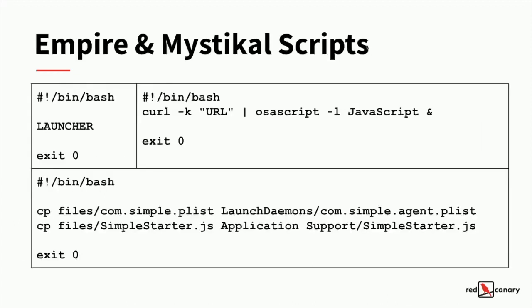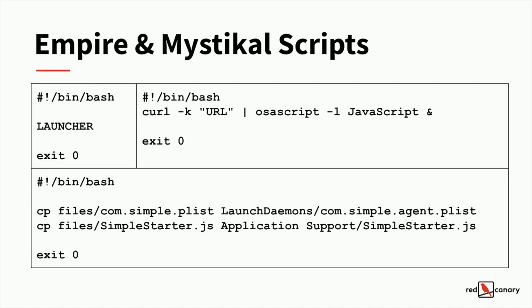By the way, this is also in C2 frameworks. So if you want to be a little bit dangerous when you get home, you can take a look at Empire and you can look at Mystikal. Mystikal is a project that lets you wedge Mythic and Apfell agents into installers in a little bit more of a dangerous form that you can work with.